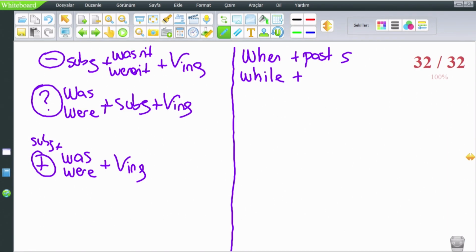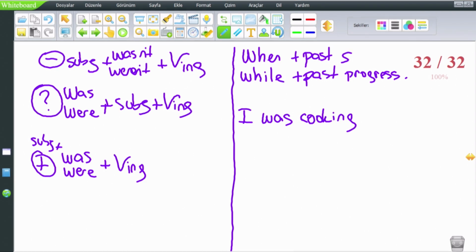In the sentence that contains while, we use past progressive. I want to talk about an action that interrupted the other one. For example, I was cooking dinner when you called me.